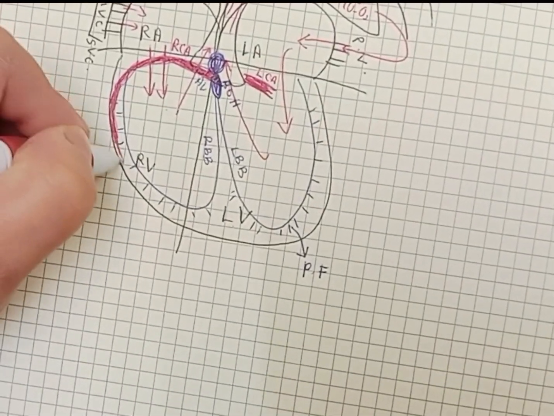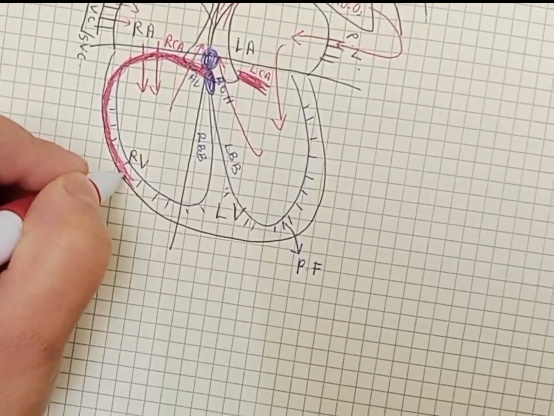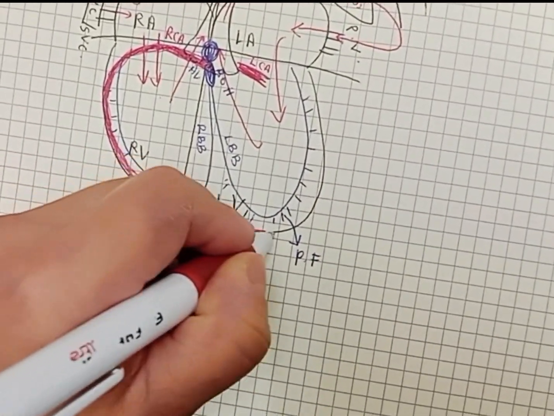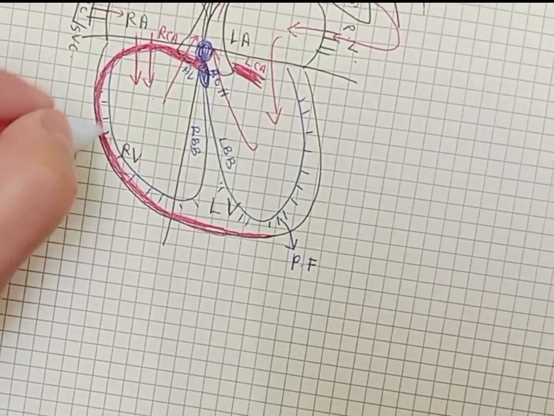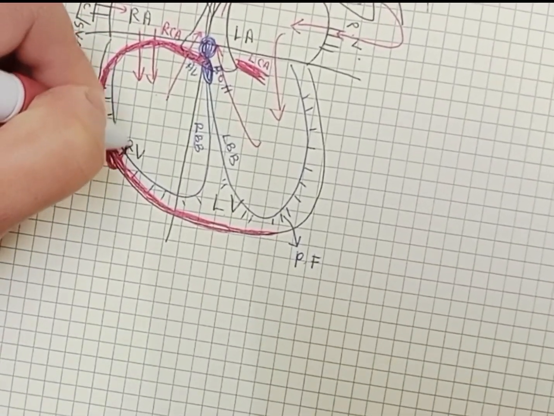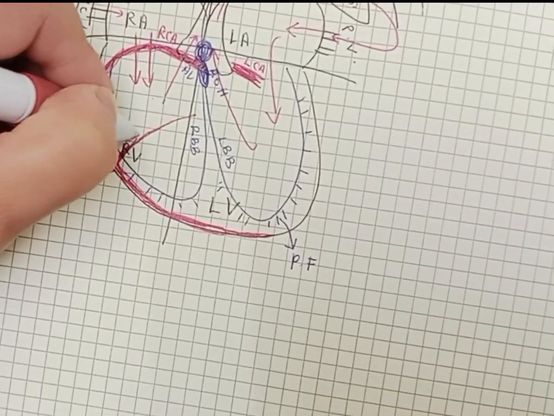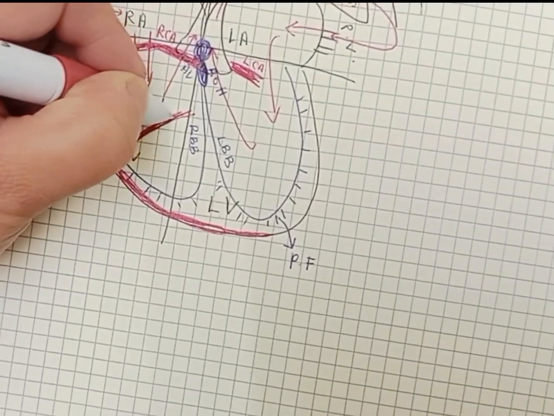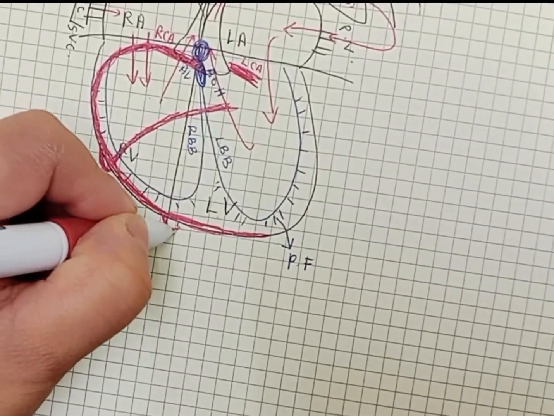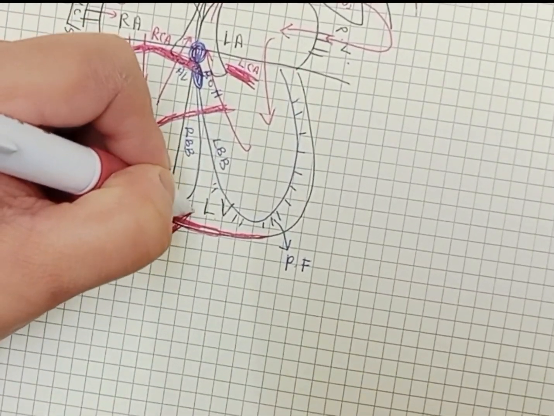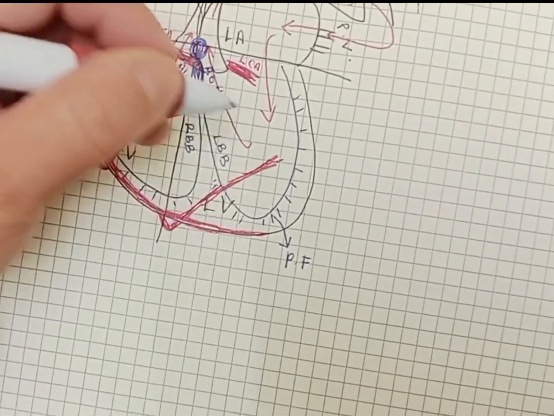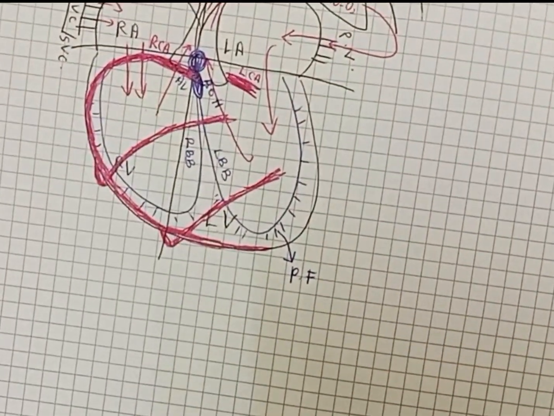The right coronary artery supplies the right ventricle down to the inferior of the heart. And also we have here the right posterior descending artery and the left ventricle posterior.